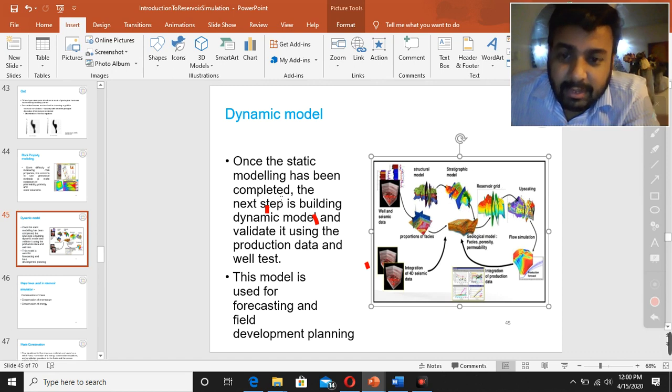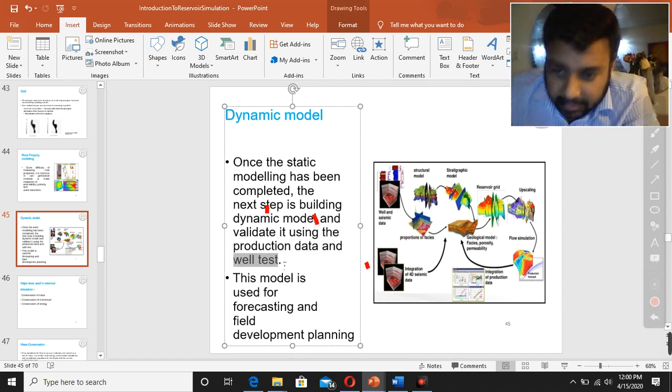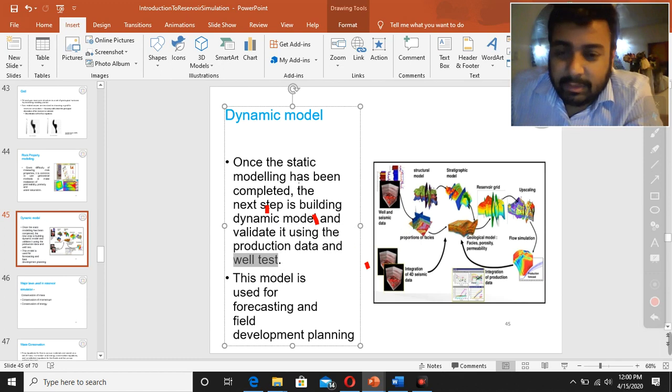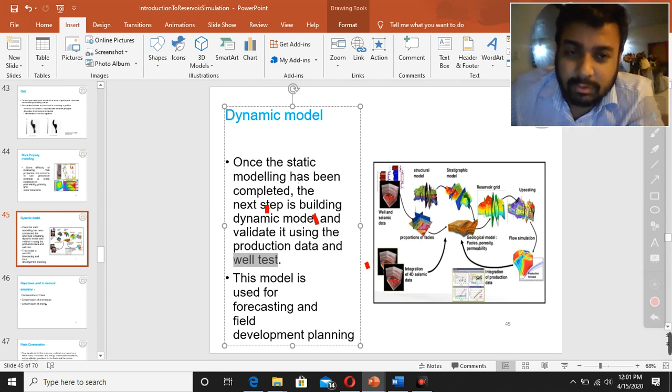But it has to be validated with production data and well test data. It means that, for example, we made a reservoir model on the computer in software, but it is producing 10 barrels per day, while the real production of the well is 1000 barrels per day. So you cannot use this model for forecasting or prediction or developing your plans for this reservoir.